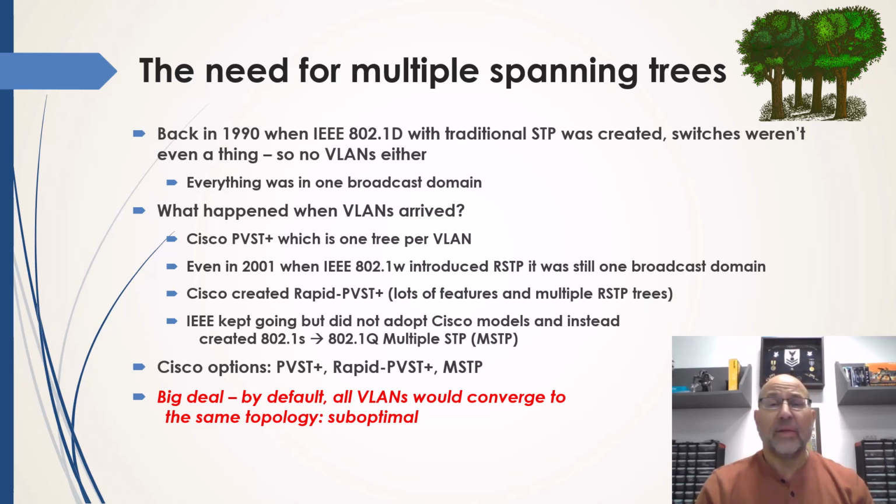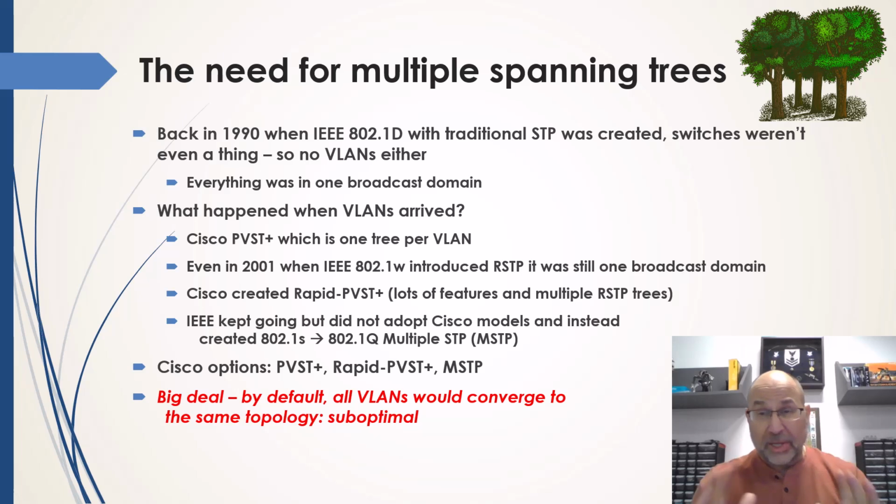But while that introduced all kinds of speed improvements, it was still one broadcast domain. You still couldn't have VLANs that had different topologies. So Cisco has rapid PVST plus, with lots of additional features. I mean, there was UplinkFast and BackboneFast, PortFast, all of those things, and multiple rapid spanning tree trees.